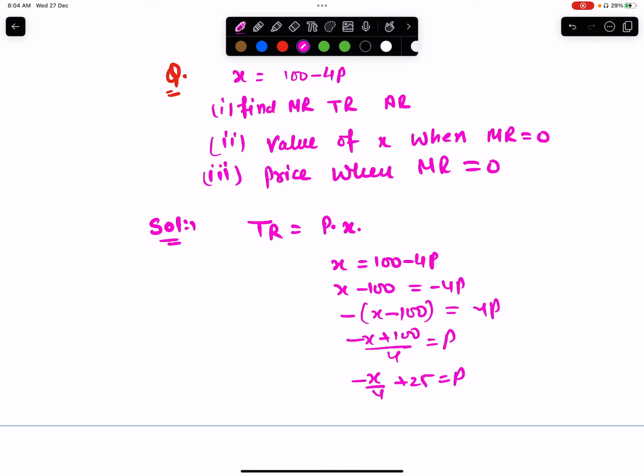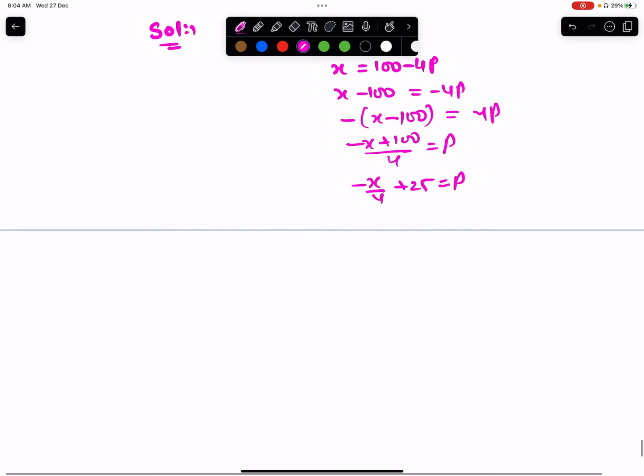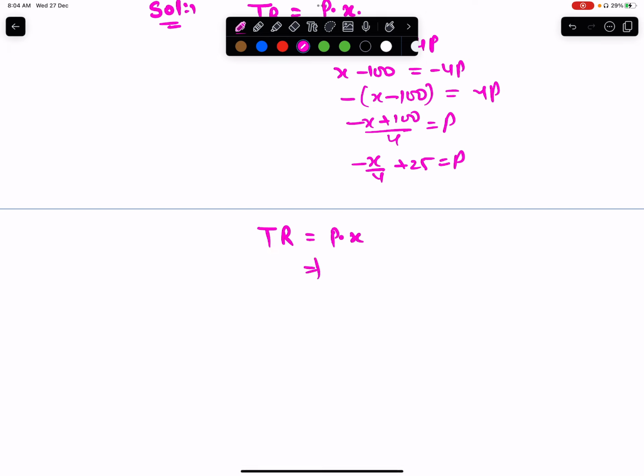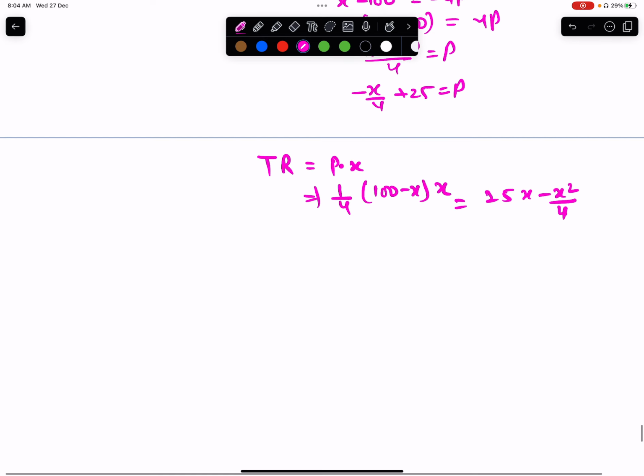So this is our P. What will be the total revenue? Total revenue equals P into x, that is 1 by 4 into 100 minus x into x, which we can write as 25x minus x square by 4.